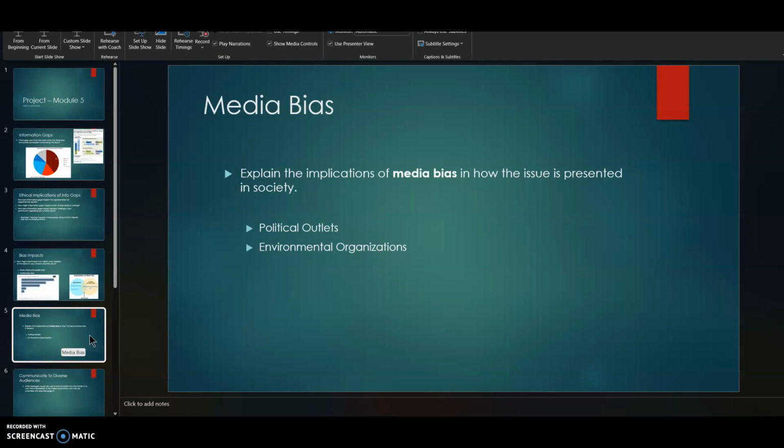Let's just take climate change, for example. A conservative outlet is probably going to present that climate change is less likely to be man-made and is more a natural occurrence, whereas a more liberal outlet may be presenting that climate change is caused by humans and we really need to do something about it.